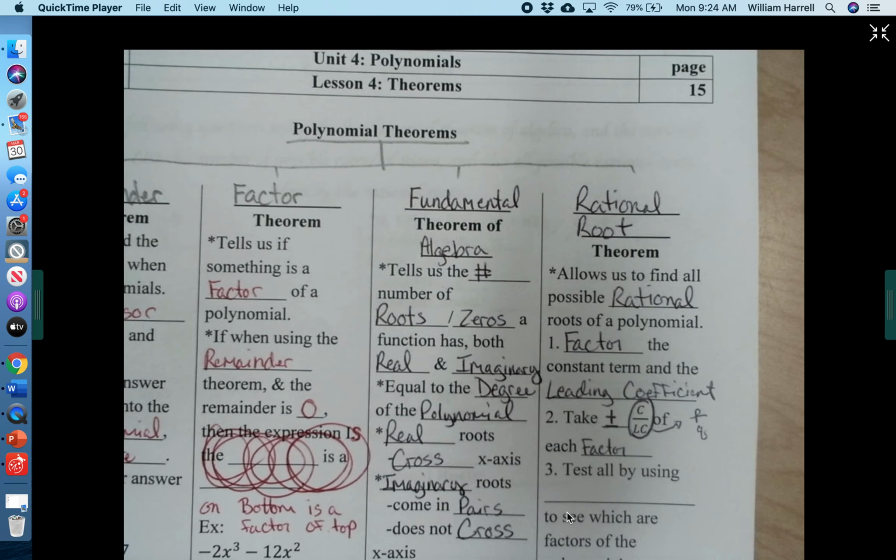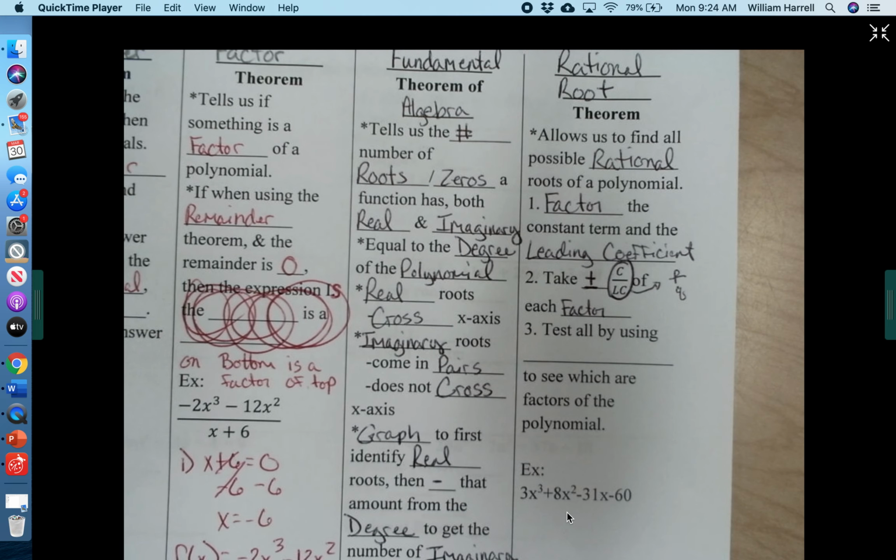Okay, now the third step would be to test all by using, now again, all of these theorems tie into each other. So what theorem could we use to see if a number or a value is a factor of a polynomial? The remainder theorem would allow us to take that number, plug it into the polynomial, and test it.